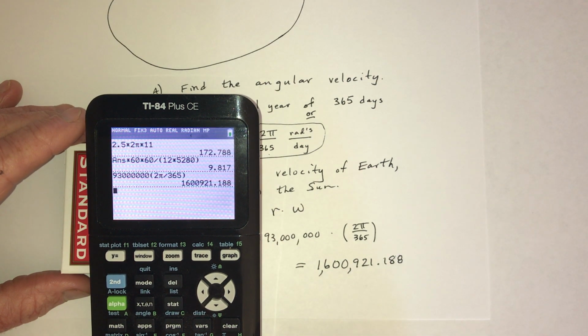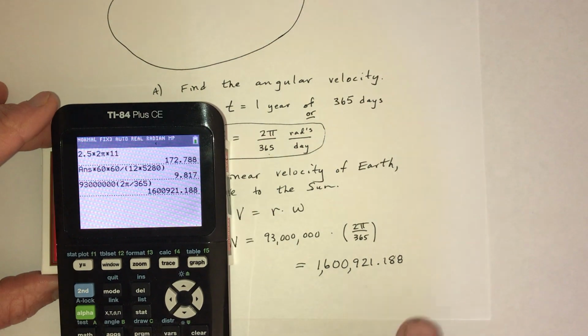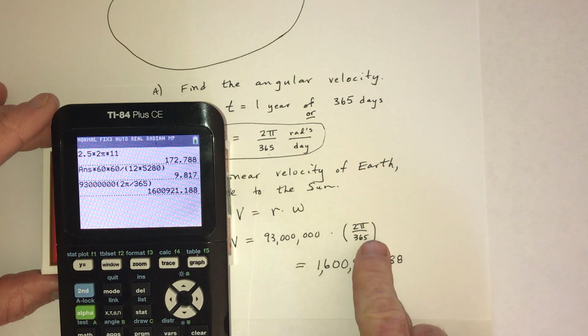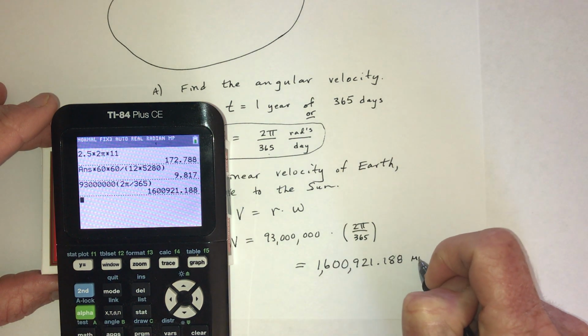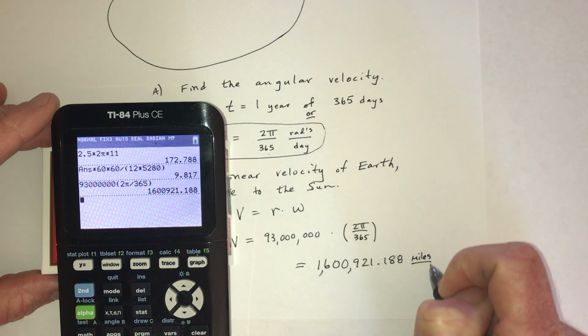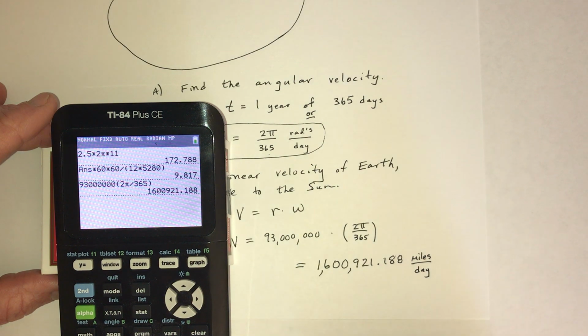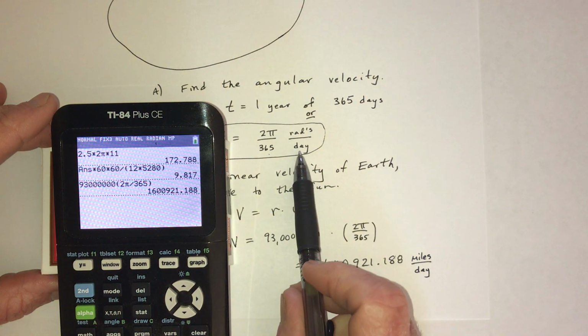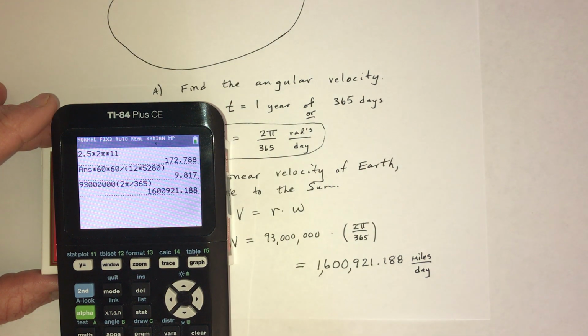So that's 1.6 million, and then this is in miles, and this is in days, because of this being per day because of the 365.